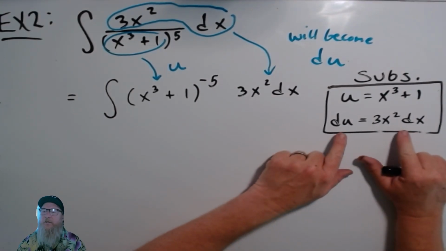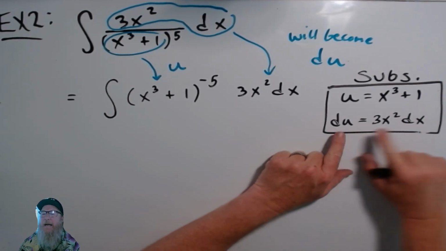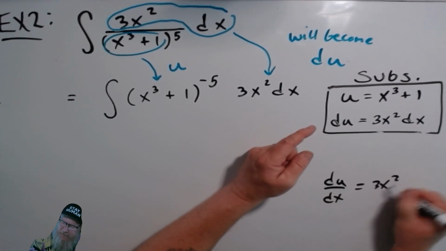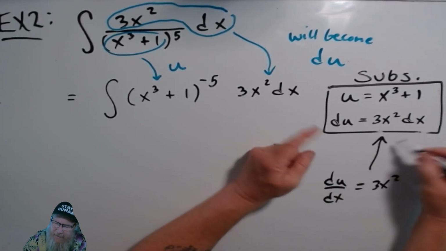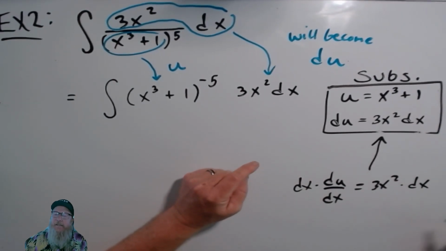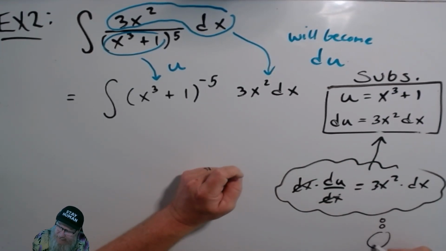This form of a derivative is what we call the integral form of a derivative. Instead of writing du dx equals 3x squared, you're writing it in this form by multiplying both sides by dx. And normally that calculation is done mentally.